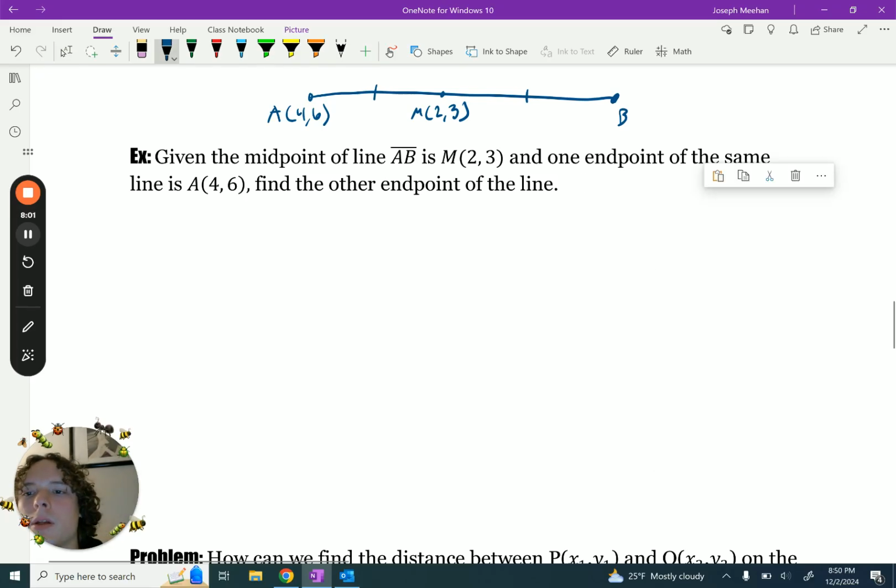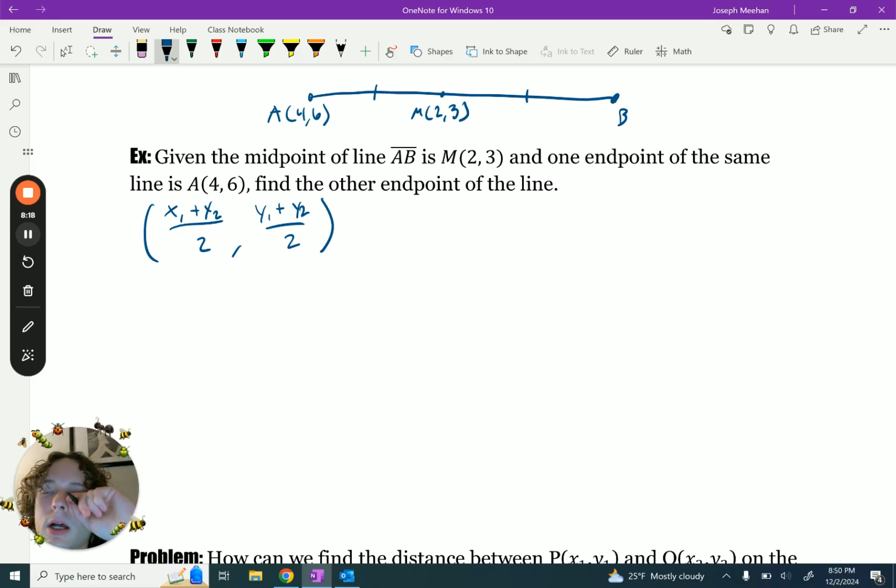So how to set this up, what I would do, and I think this is the best way to do this, is to write out the midpoint formula again, so you have it down in your brain and you have it memorized. So x1 plus x2 divided by 2, y1 plus y2 divided by 2. And what we do here is we set this whole thing equal to the midpoint that they gave us. And they gave us the midpoint M as (2, 3). Okay?